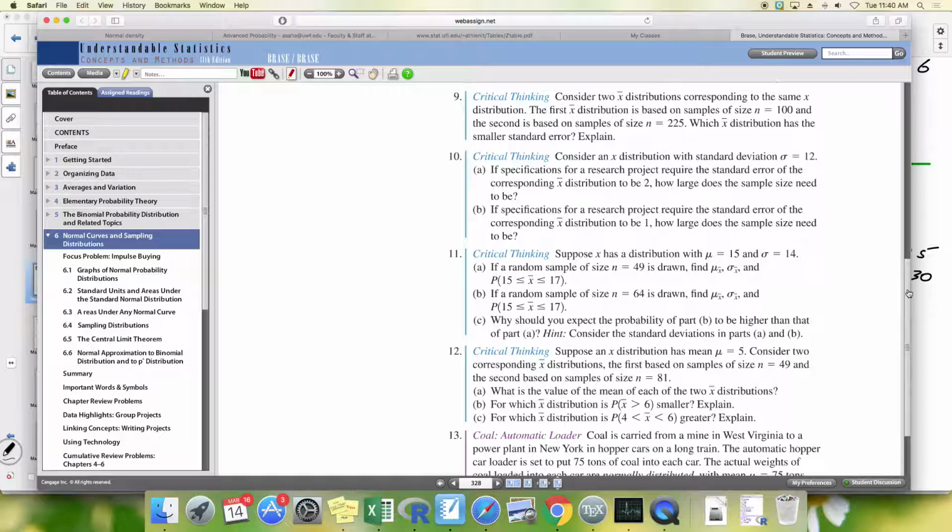The mu and sigma are given and they're fixed. Mu is given as something, sigma is given as something, and they're fixed. And they have given one value of n, a small value, and a big value. So they are asking probability x bar lying between two numbers a and b, or probability x bar bigger than a number. For example, in question 12b, it's probability x bar bigger than 6. And in question 11, it's probability x bar lying between two numbers 15 and 17.